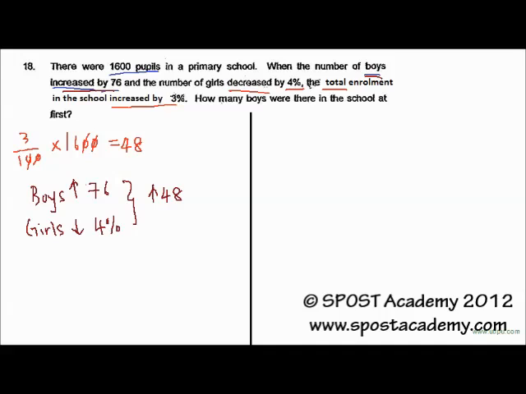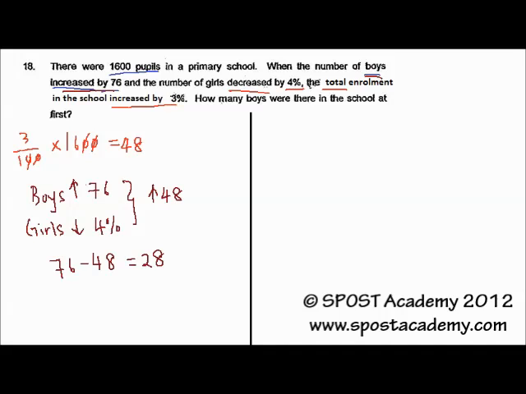Which means that although the boys increased by 76, there was ultimately only an increment of 48. So 76 minus 48 gives us 28. It means that the 28 boys have been used to offset the decrease in the girls, which is 4%.